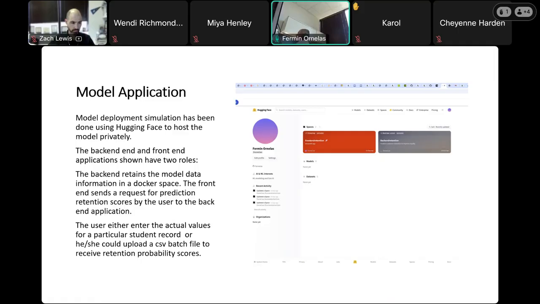Okay, here is what it looks like at the Hugging Face, right? Like I said, there is a front-end retention application, and there is a back-end retention application. If you were to click in here, you'll get the things displayed.